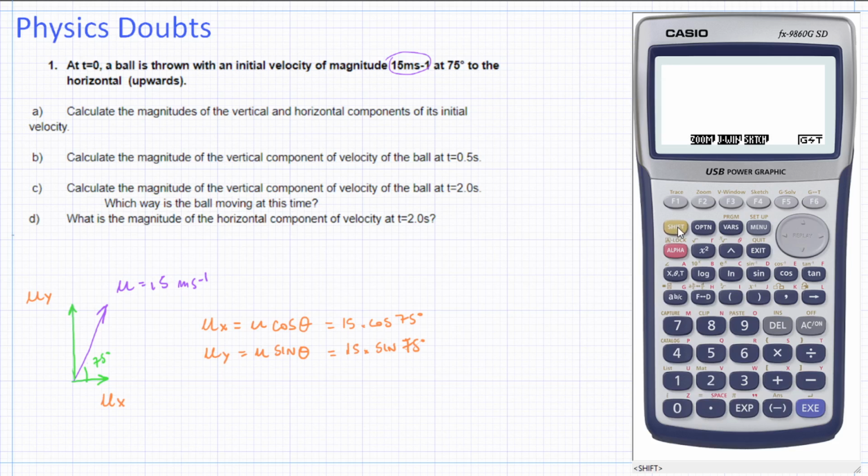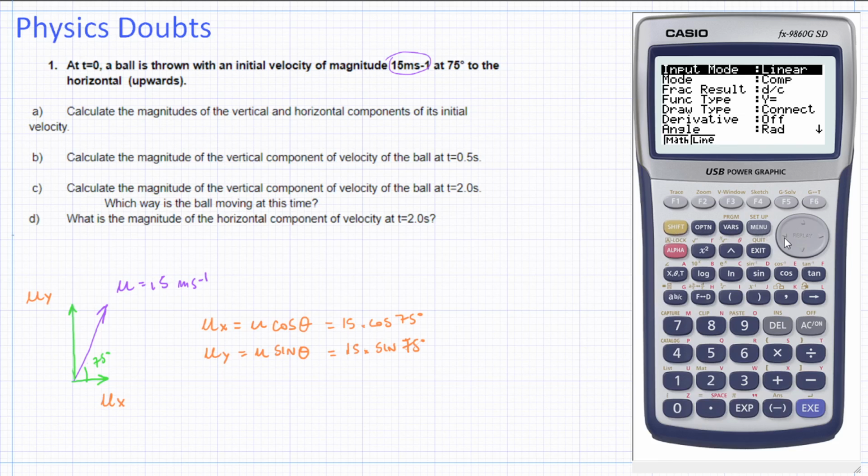So if you press Shift menu and you scroll down all the way to angle, in this case it's configured for radians, but I want to use degrees just because my problem is measuring angles in degrees. So instead of converting 75 degrees to radians, and perhaps you might even make some approximation error, or you might do some wrong algebra, I don't care. The thing is, if your calculator has a setup for degrees, why would you bother converting those things? So just set it for degrees.